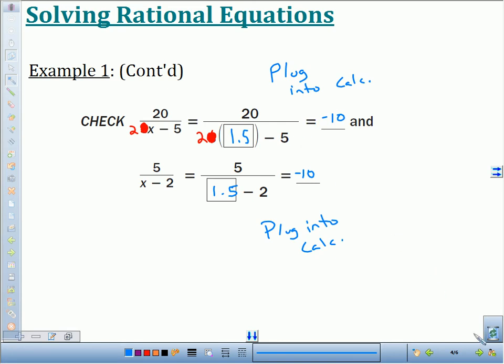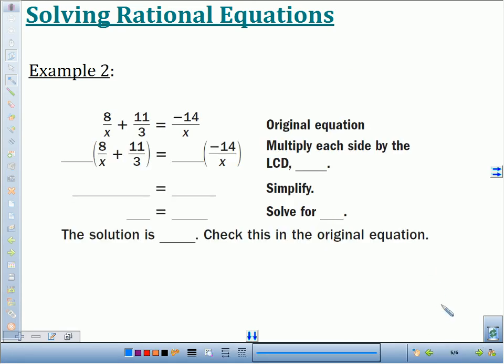All right, let's move forward. I have x over 8 plus 11 over 3 equals negative 14 over x. Now you might notice immediately that there are two rational expressions over here being added together, and then one rational expression on the other side.